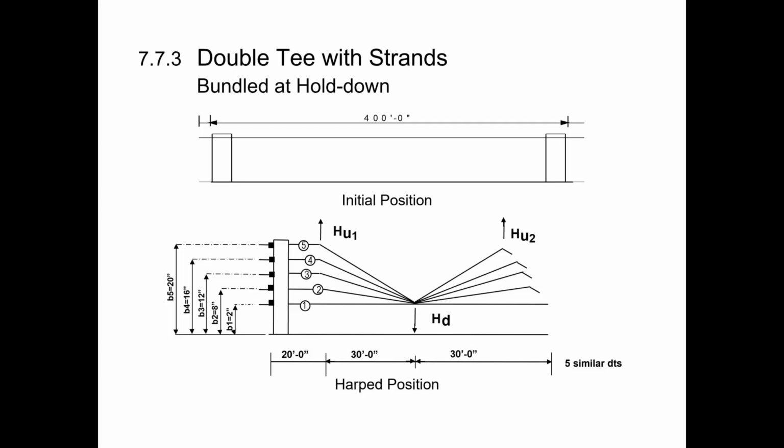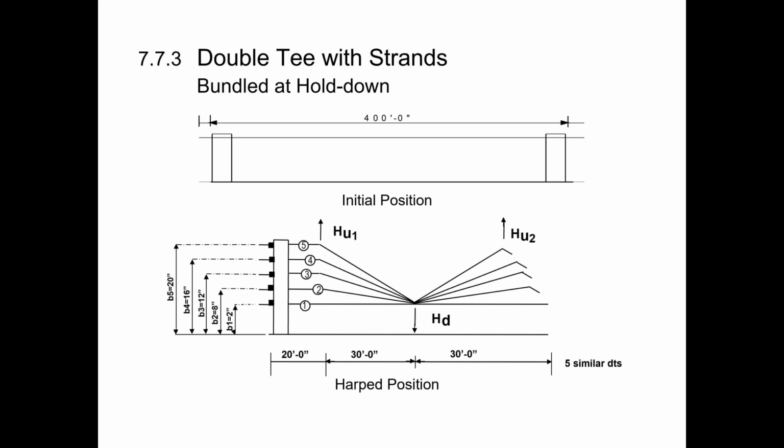B1 is 2 inches, B2 is 8 inches, so on. But look at the hold down location. The hold down location is shown more accurately in section AA. And so section AA shows that the strands are stacked on top of each other at the hold down location.